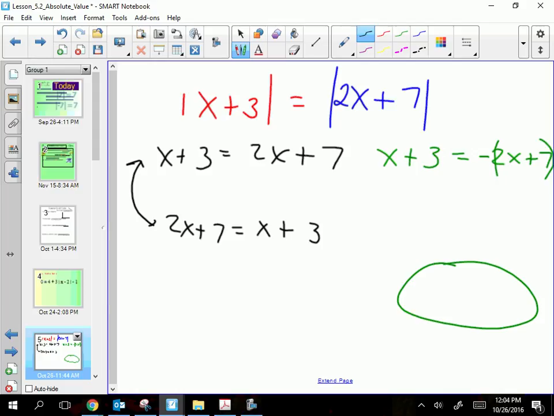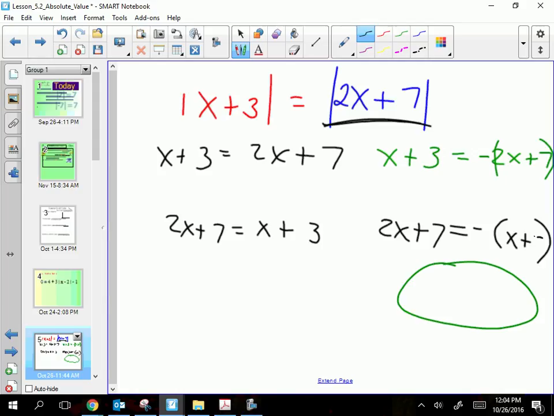And then, again, 2x plus 7 has to equal the negative of x plus 3. I know this and this do look different, but try multiplying the bottom one by -1 on both sides.